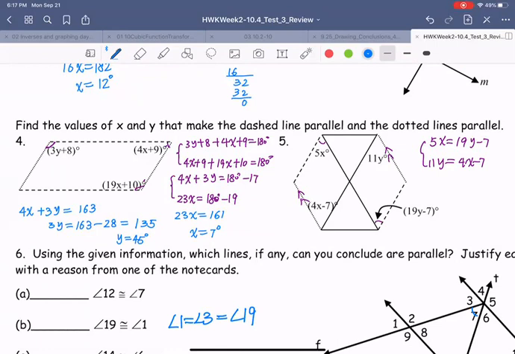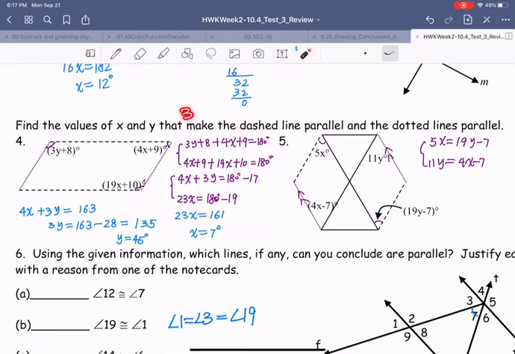45, right? No, I got something different. Let's check. Oh, you plugged in with the dot. I plugged it in with 19x plus 10. We should get the same answer. It's okay. Let's check. You have 3y plus 8 plus 4x plus 9 equals 180, right?